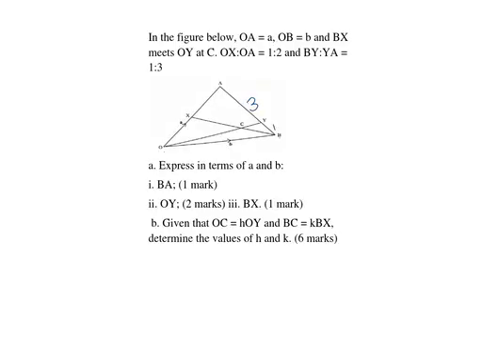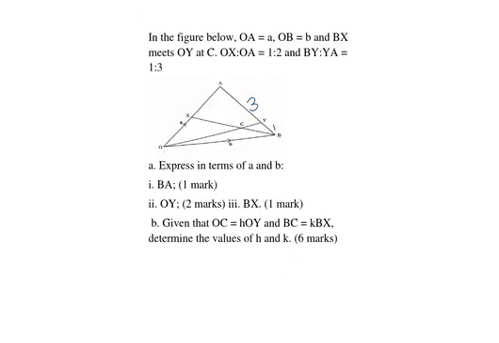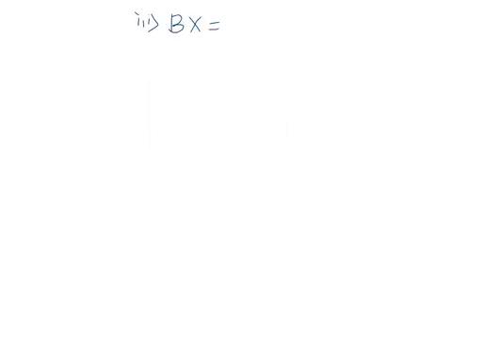Now we go to Roman 3, and in Roman 3 we are told to express in terms of vector A and B, BX. So we are moving from B to X, and we'll use the route B to O, O to X. This is B to O plus O to X. B to O is negative vector B plus OX will be 1/2 of OA.